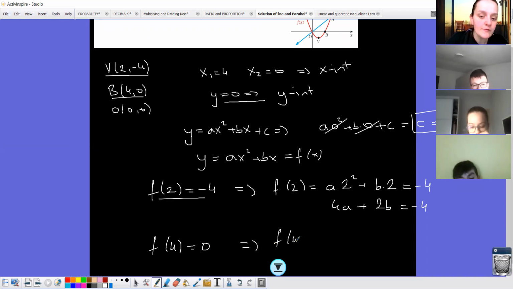I write f of 4 is a times 4 squared plus b times 4 equal to 0. Then this will be 16a plus 4b equal to 0. So you can solve this as a system: 4a plus 2b is equal to minus 4, and 16a plus 4b is equal to 0.